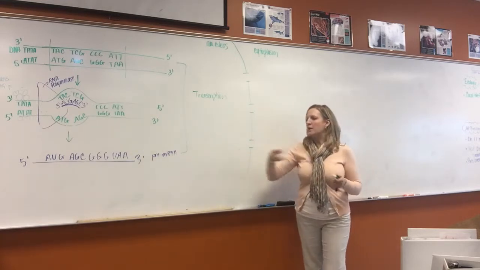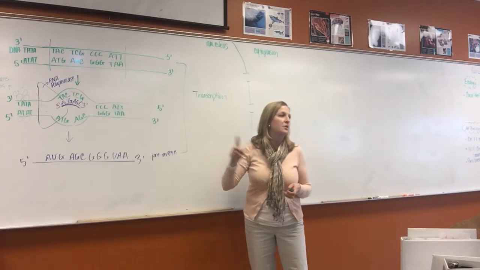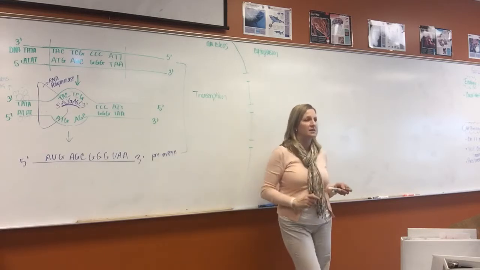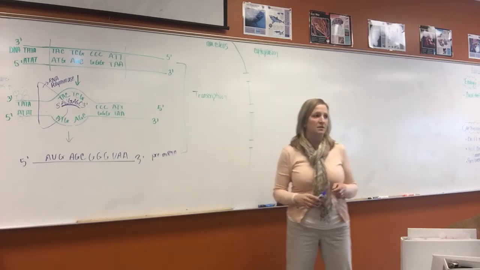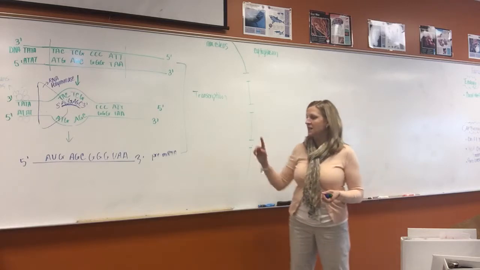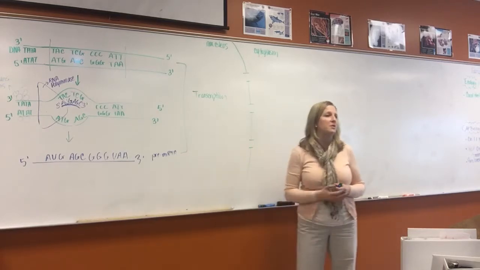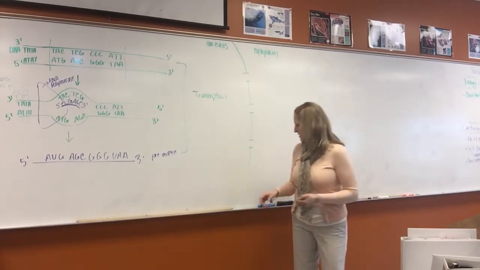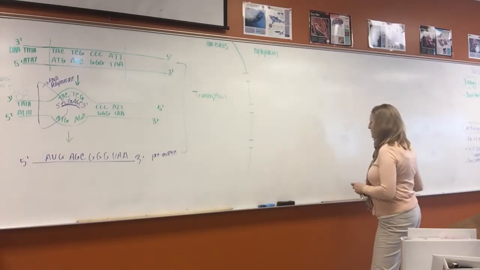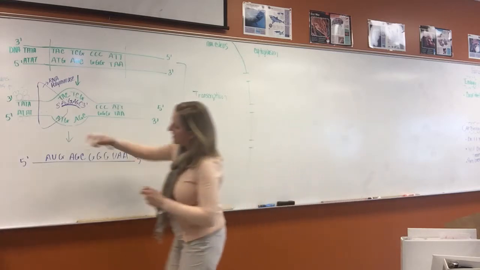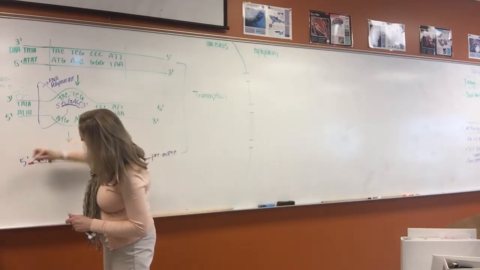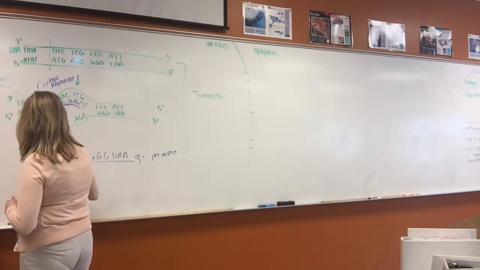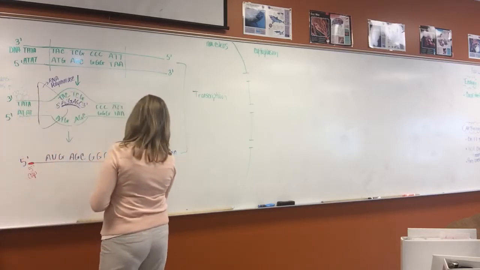So then, why do I call this our pre-mRNA? Because what do we have to do to it? We have to send it out to the cytoplasm. We do a couple of things to it before we send it out to the cytoplasm. Yeah, 5' cap and poly A tail. So we add a cap on it and a tail here.